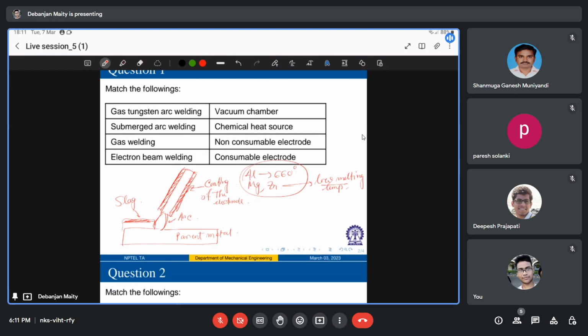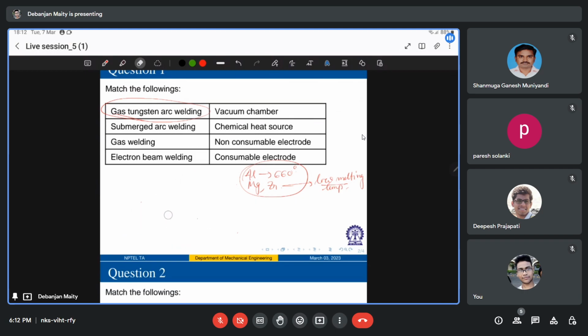Now here, if we see gas tungsten arc welding, basically the arc is maintained between a non-consumable tungsten electrode and a workpiece, right? Okay, let me draw for this one also.